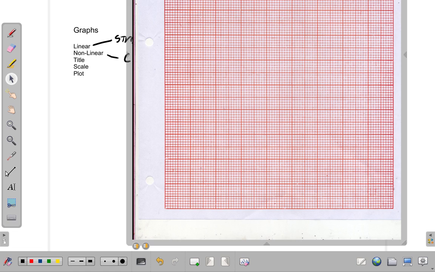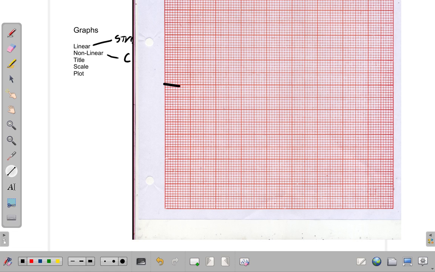And let's say you have this horizontal line, which you call your x-axis. This is your x-axis. It's horizontal. It goes across, right to left, left to right.